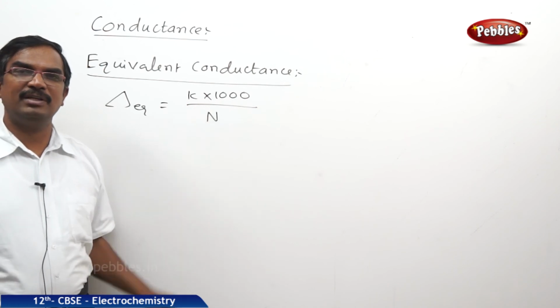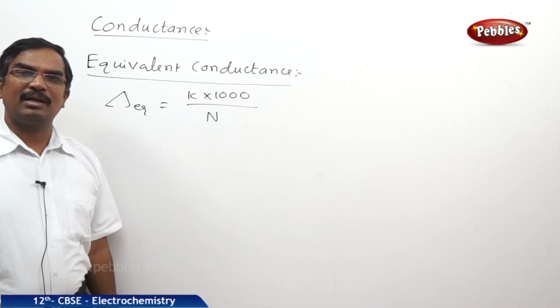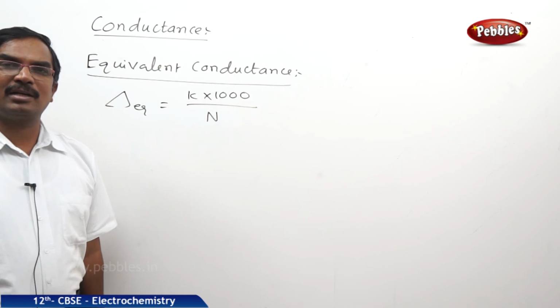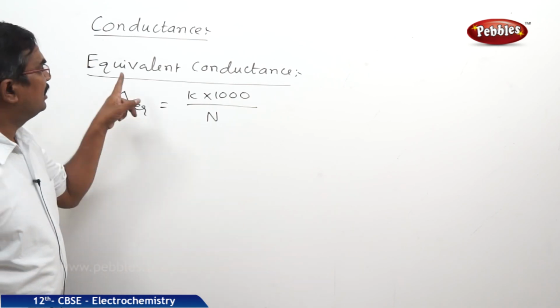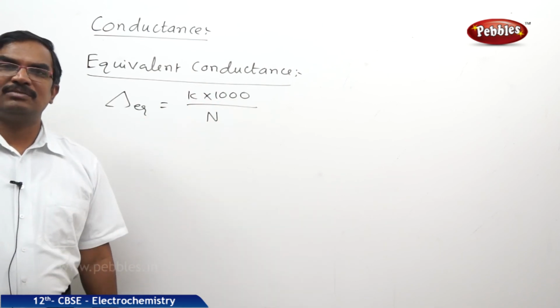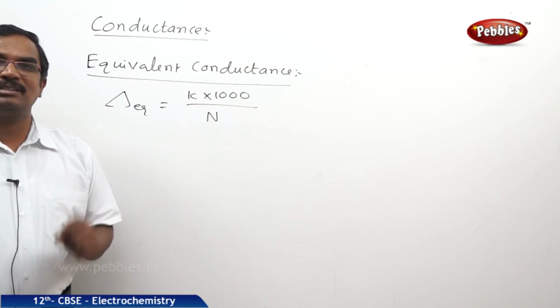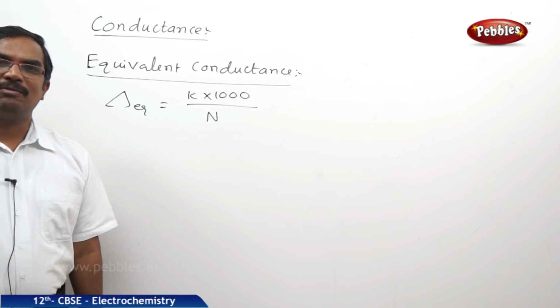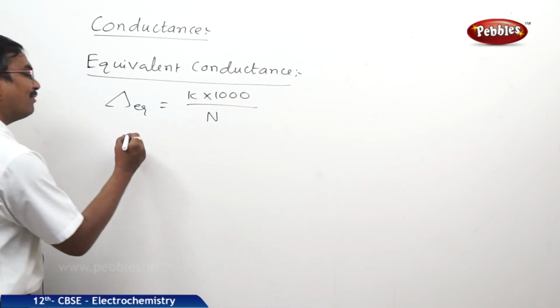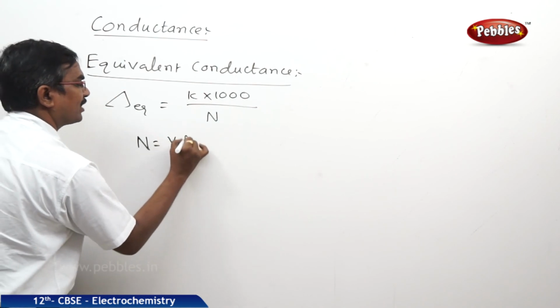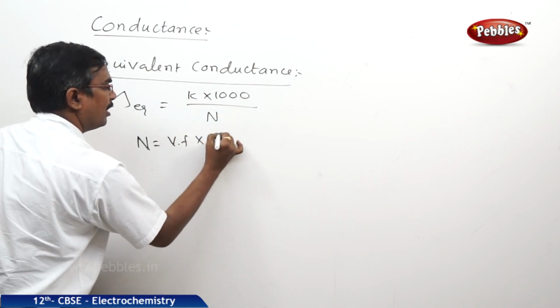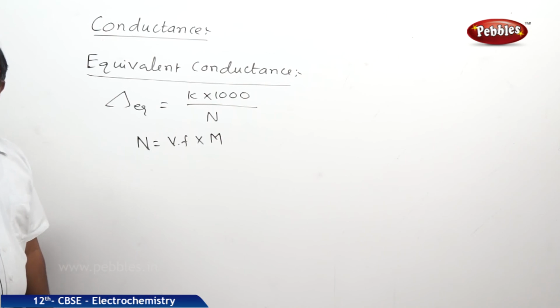So there is a small difference between molar conductance and equivalent conductance. In the case of the molar conductance, the amount of substance we are using is 1 mole. In the case of the equivalent conductance, the amount of substance we are using is 1 equivalent of the substance. So here we have an idea that normality is equal to valency factor into the molarity of the solution.